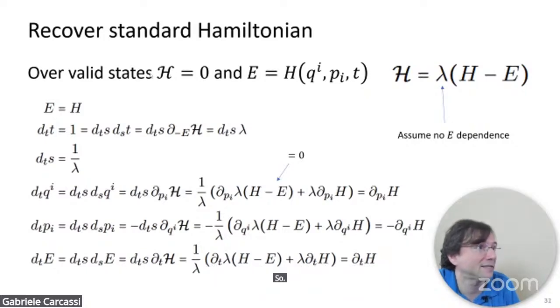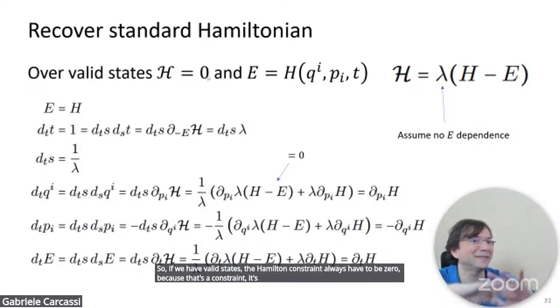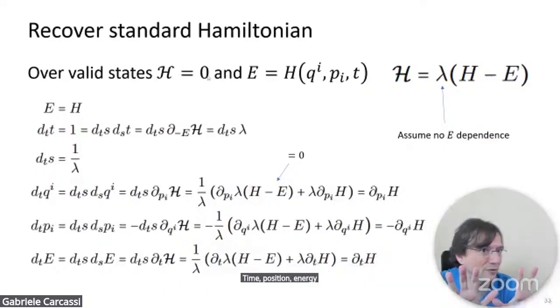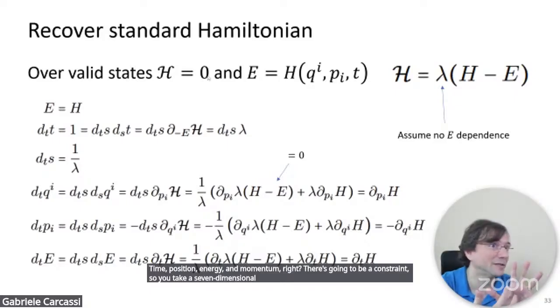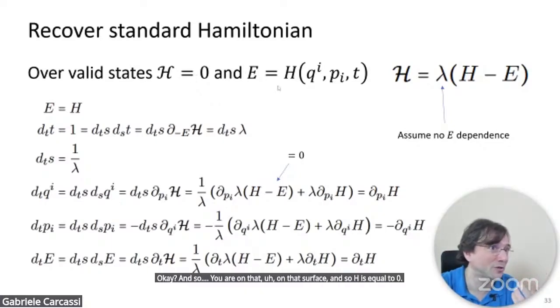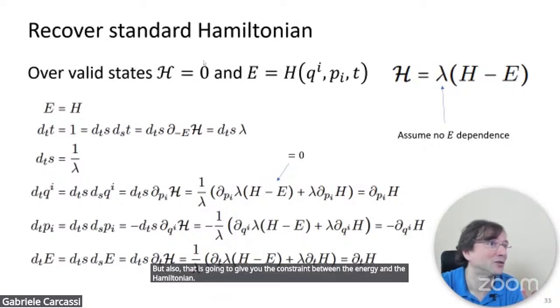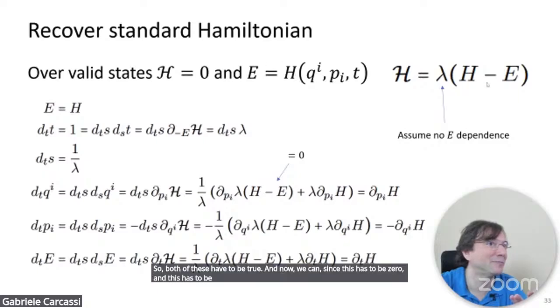So if we have valid states, the Hamiltonian constraint always has to be 0, because that's a constraint. If you take this 8-dimensional space spanned by time, position, energy, and momentum, there's going to be a constraint, so you take a 7-dimensional subsurface of it. And so you are on that surface, and so H is equal to 0, but also that is going to give you the constraint between the energy and the Hamiltonian. So both of these have to be true. And now, since this has to be 0, and this has to be true, H minus E has to be 0.